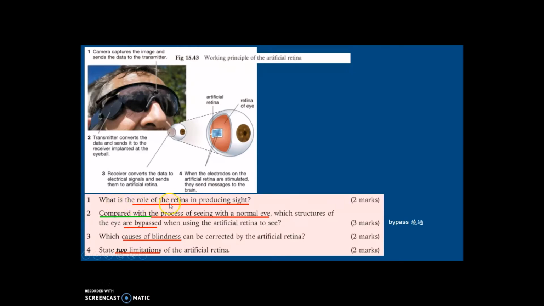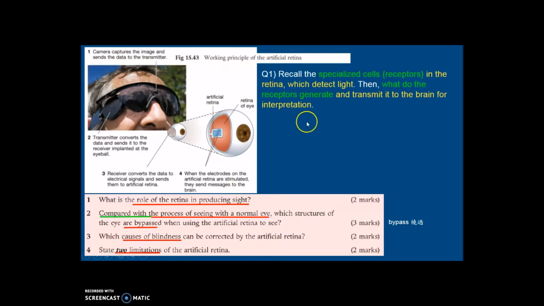What's the role of the retina in producing sight? That means in the normal case, in the natural case. So what is the role of the retina? I want you to recall the specialized cells, that means the receptors in the retina, which detect light. So don't just write down receptor. What are they? How can they be stimulated?